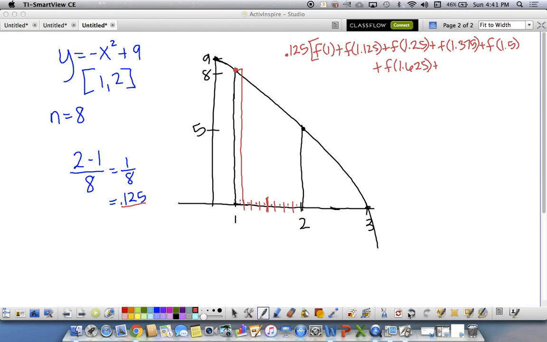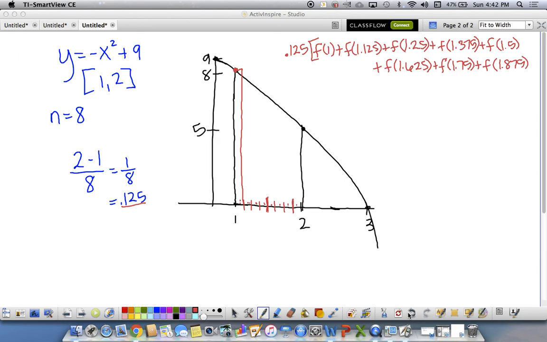Then plus 0.125, f of 1.75. Plus, I think this is the last one, plus f of 1.875. And I should not get to 2.